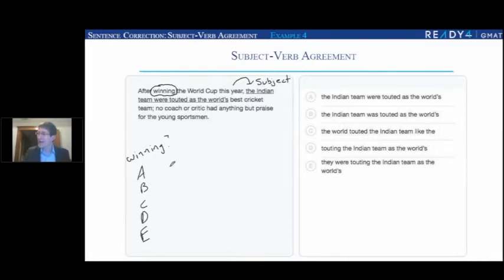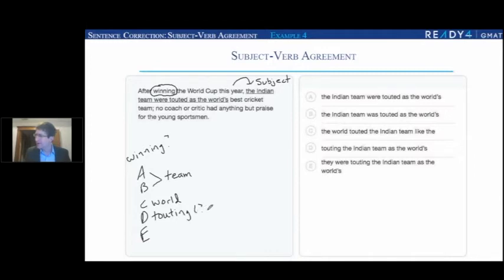So who is winning the World Cup? Well, in A or B, it's the team. In C, it's the world. In D, it's touting, which is sort of a noun, I guess.